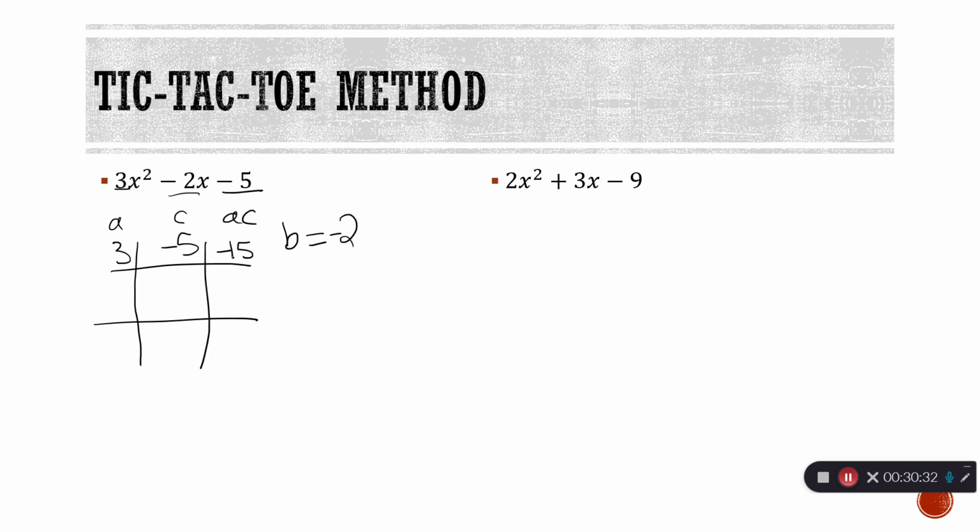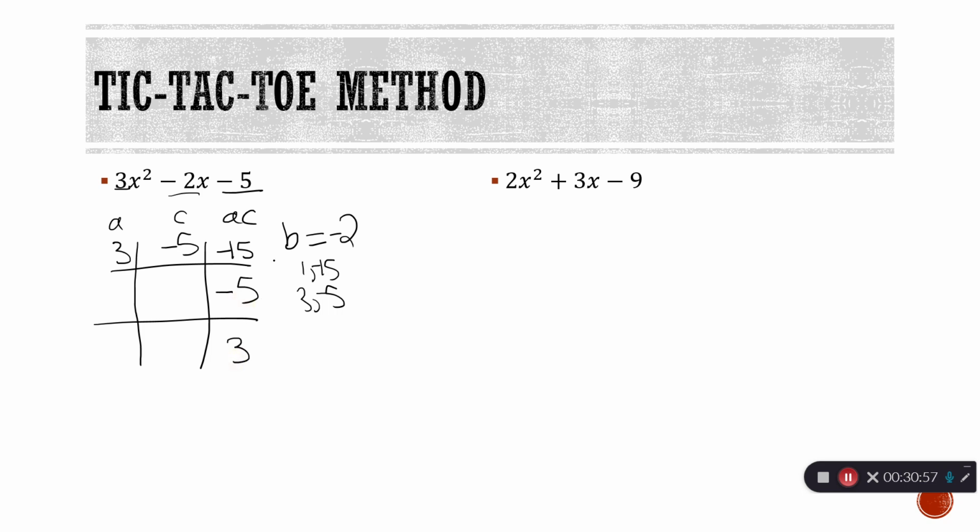So opposite signs, and the bigger number is going to be negative. We're going to have a negative here and a positive here. So let's see, 1 and 15 or 3 and 5. The bigger number is negative. Right off the bat, I know that -5 plus 3 is -2. So I'm going to have that.